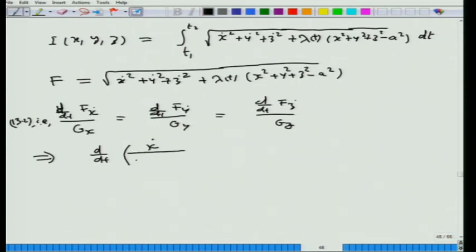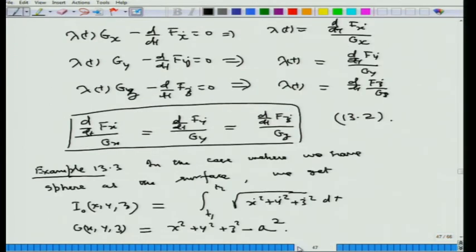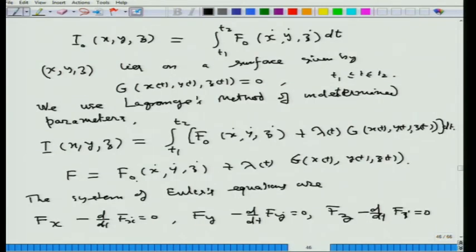So, x dot over square root, this is f 0, not f actually, because only f 0 involves x dot, y dot, z dot here, and so this should be d by dt of f 0 here.